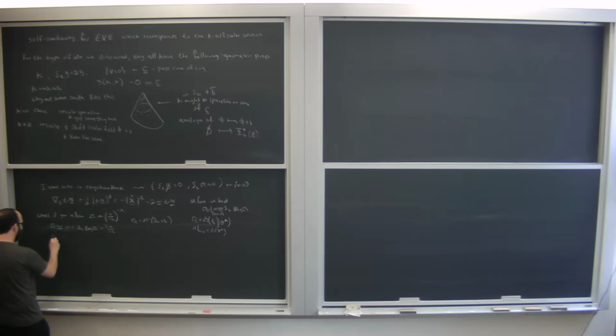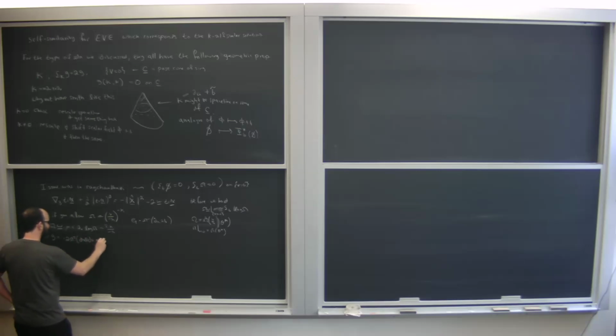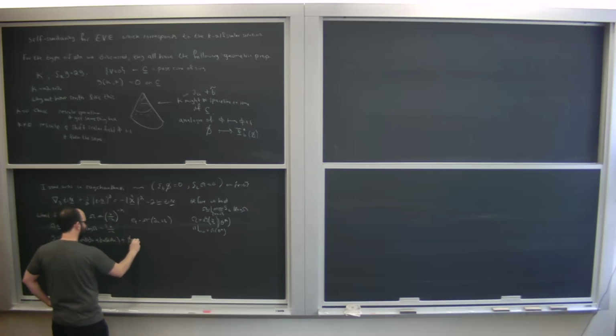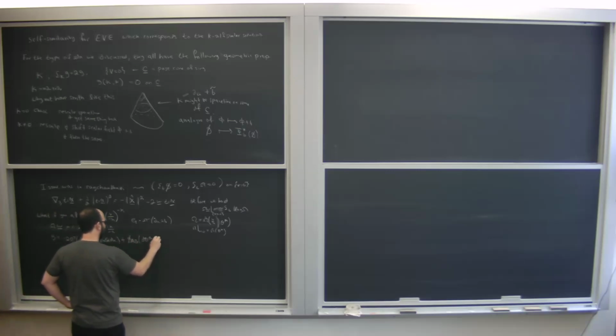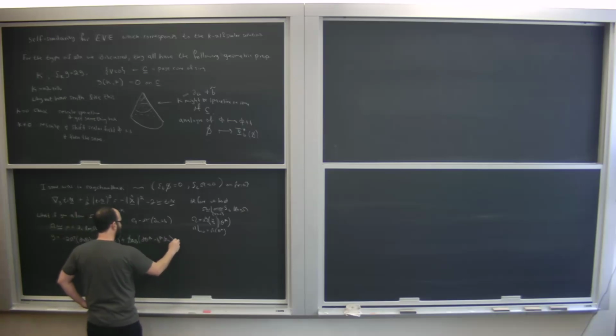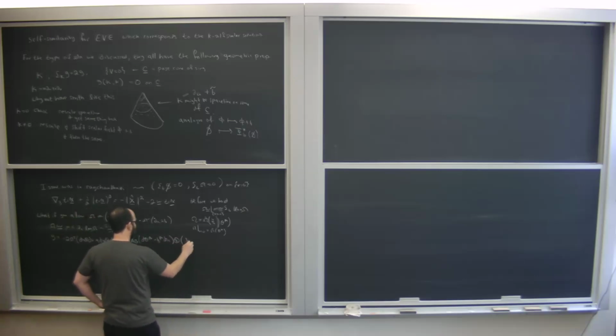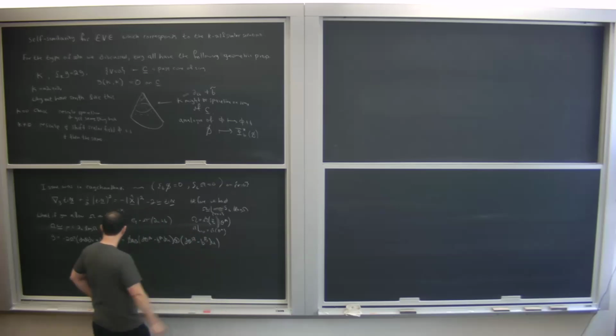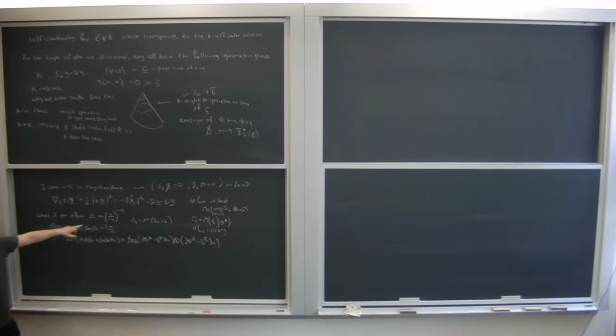So let's look at, remember the metric in general looks like this. So this is the metric in our normal way that we would write it. All right, and now we suppose that the lapse is like this.